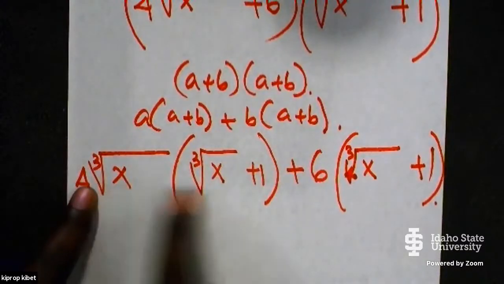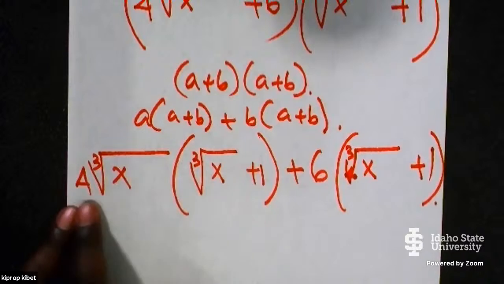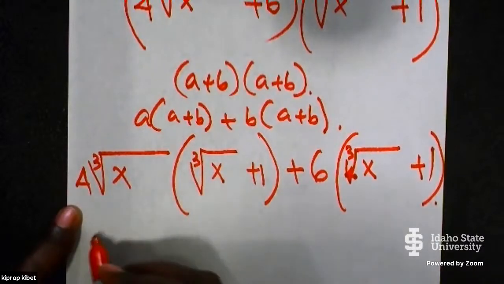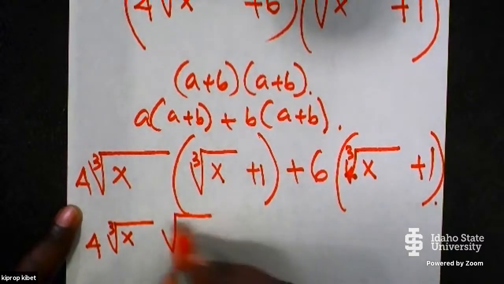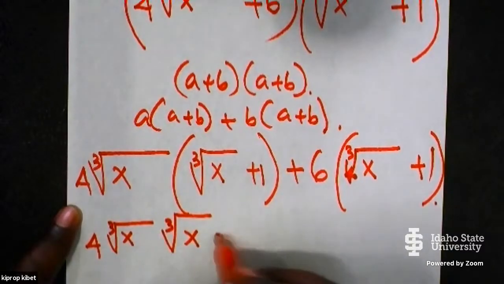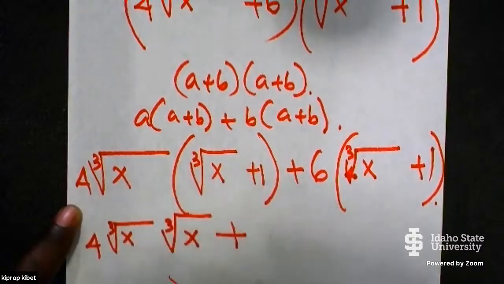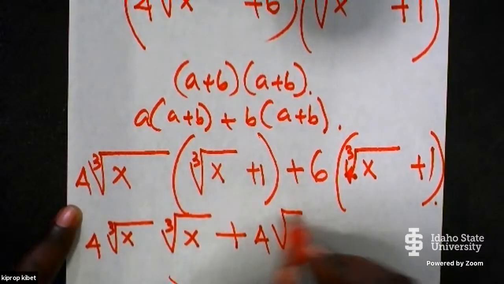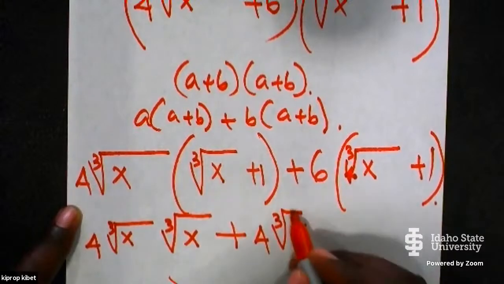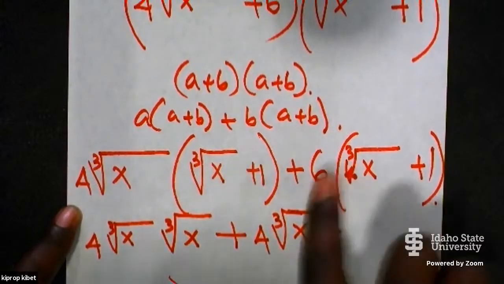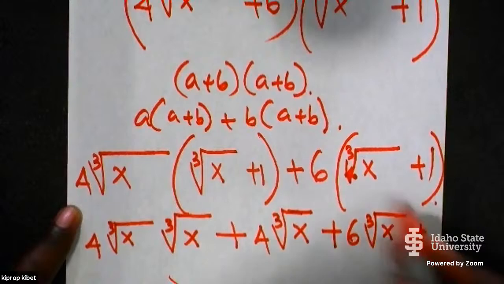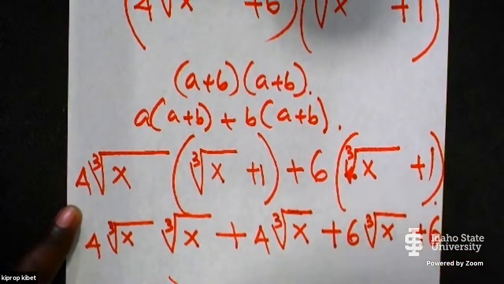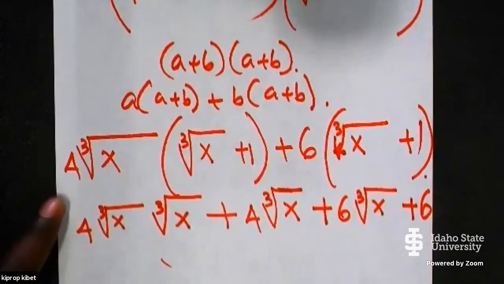So multiply this and this. So it will be 4 the cube root of x, cube root of x, plus multiply this and this, 4 cube root of x, plus multiply this and this, 6 cube root of x, plus what? Plus 6.